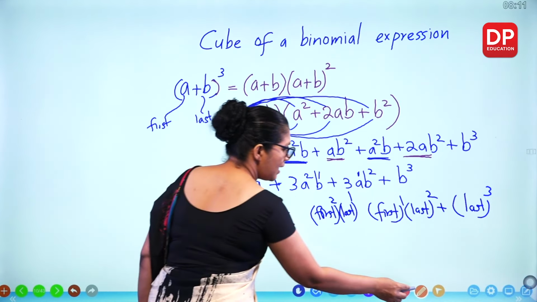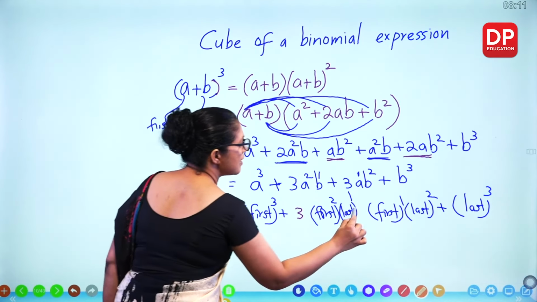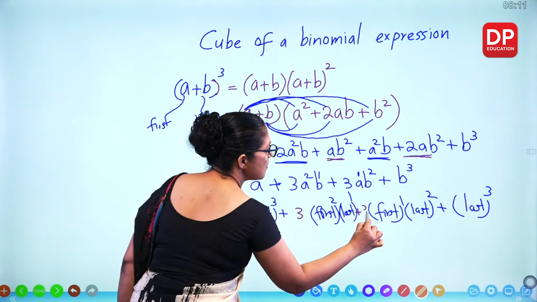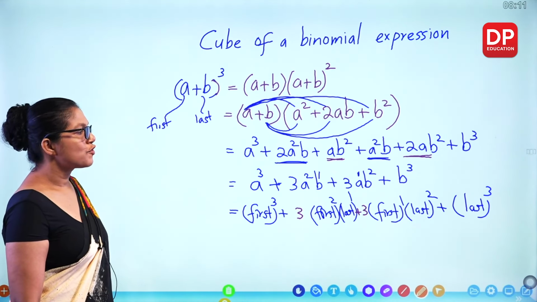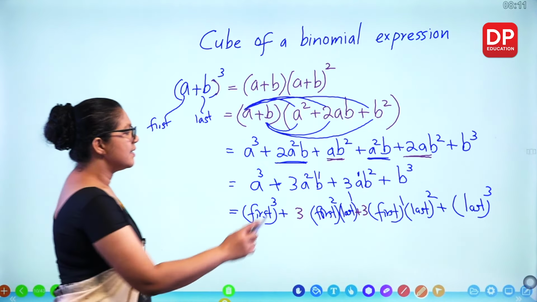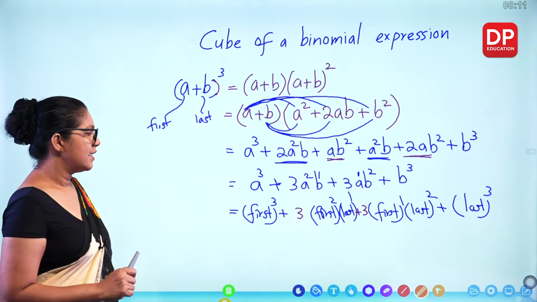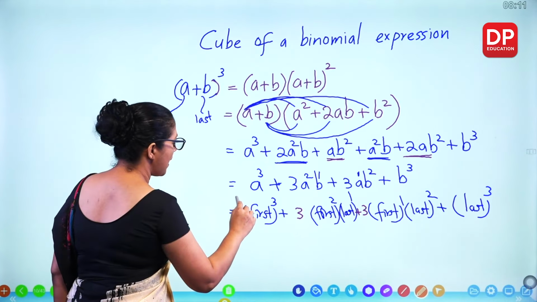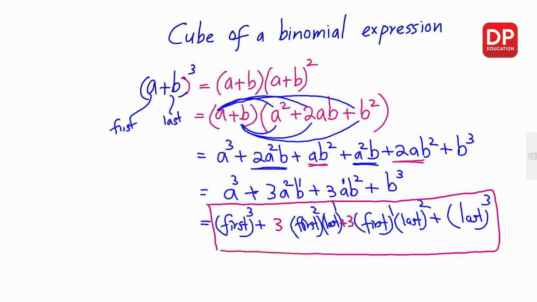Now, the only extra term you see is that for both these terms you get plus 3. So you have to multiply the middle terms by 3. So remember this pattern when you get a cube term.